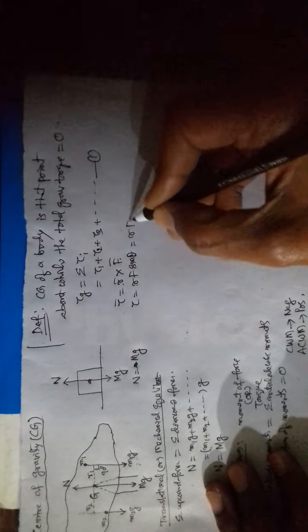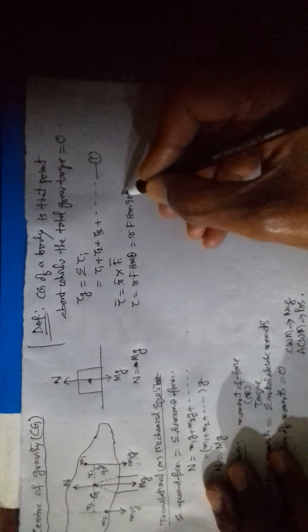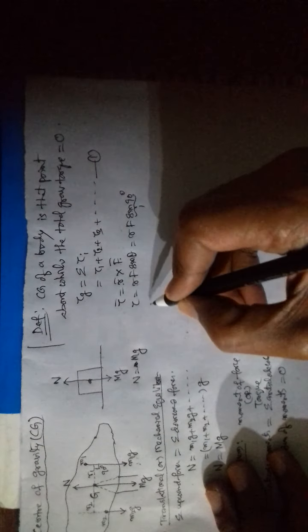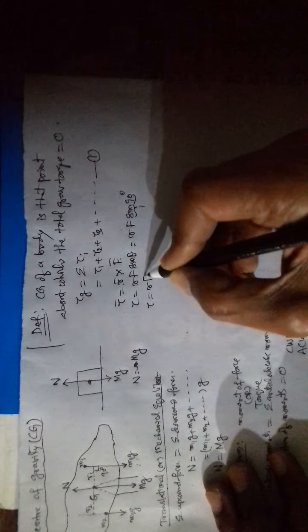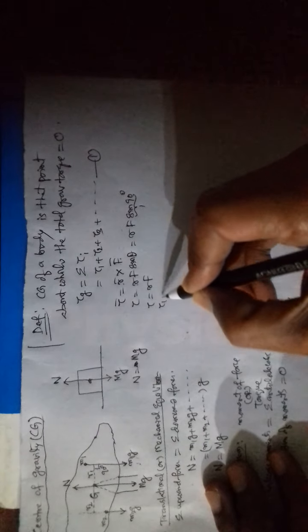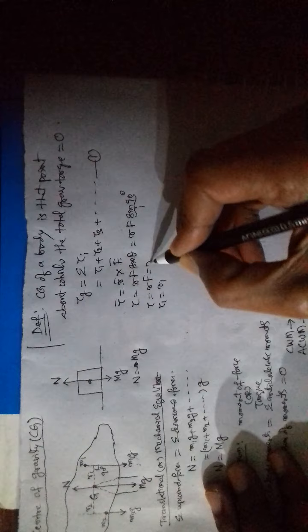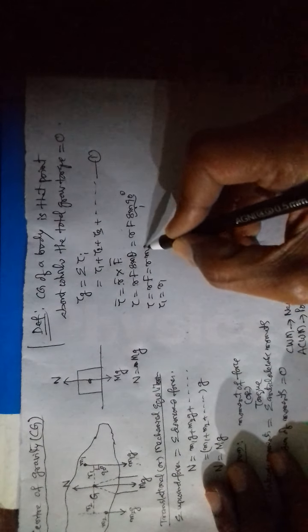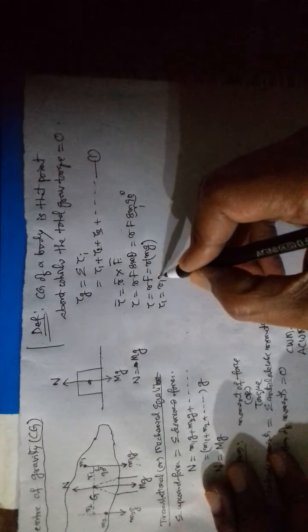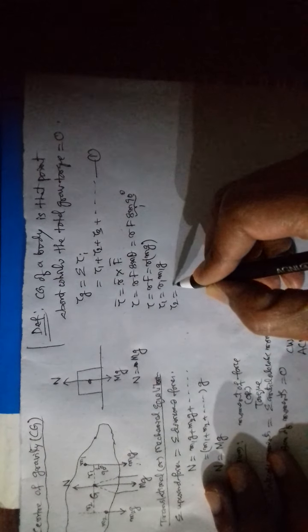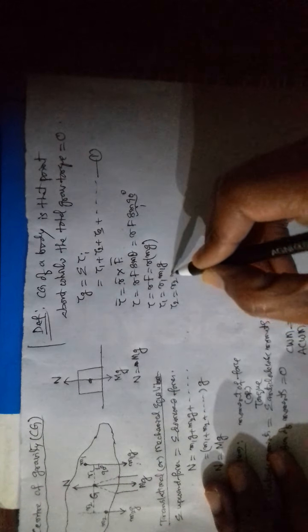Therefore, rF sin 90 degrees, and its value is 1. So here tau is equal to rF. If we consider the m1 particle, tau 1 is equal to r1 times gravitational force, so we can write m1g. Similarly, tau 2 is equal to r2 m2g.